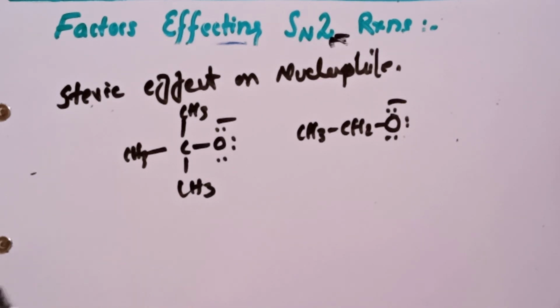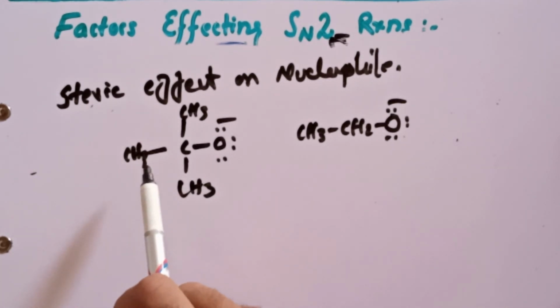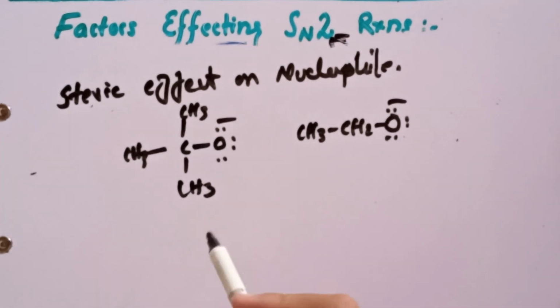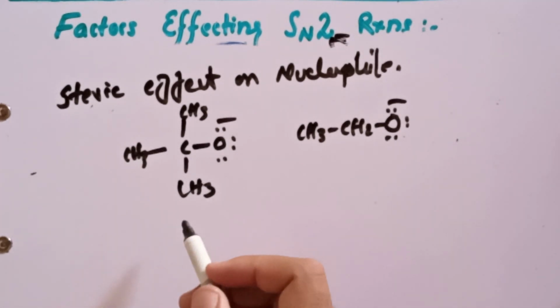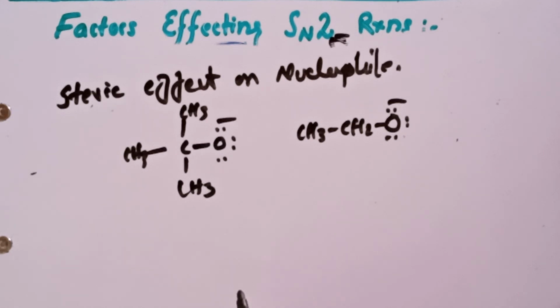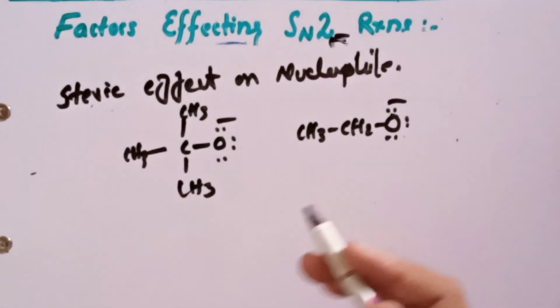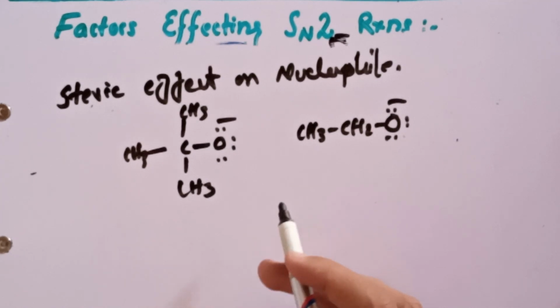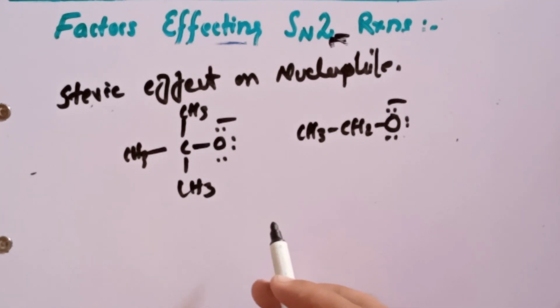In both cases, the more bulky groups there are, the more repulsion and resistance, the more steric hindrance it shows to the electrophile on which the nucleophile attacks.